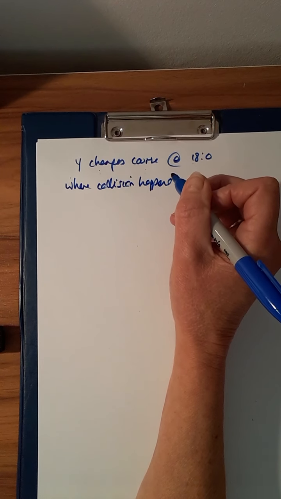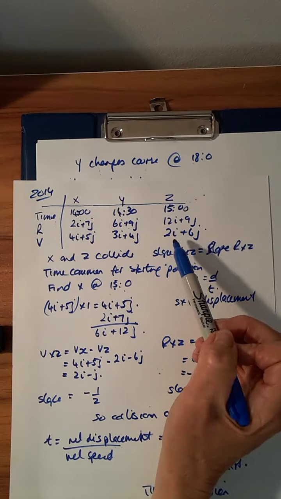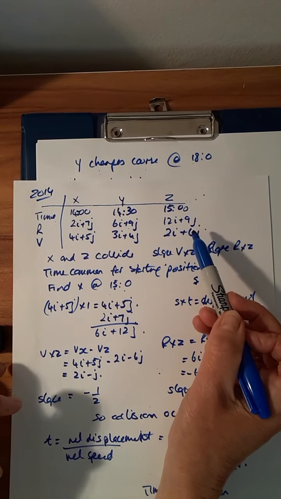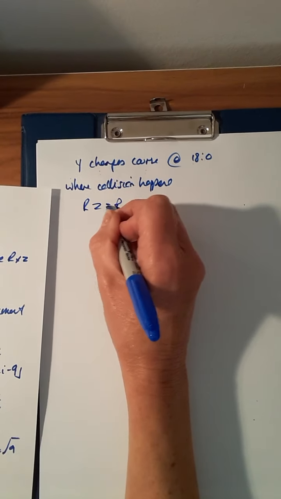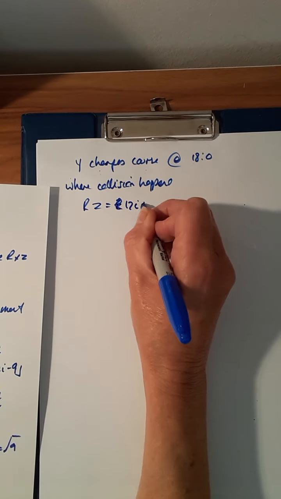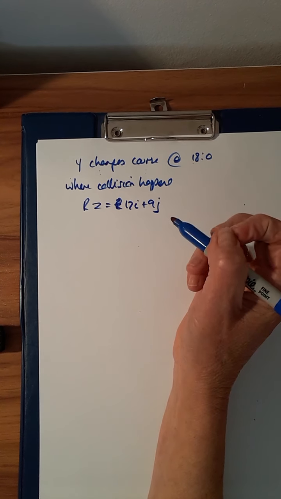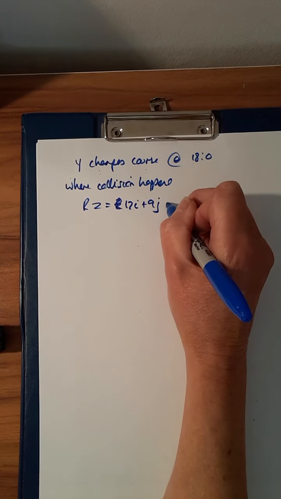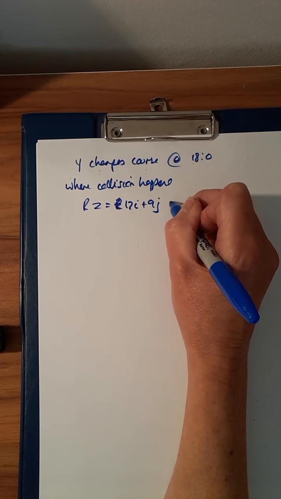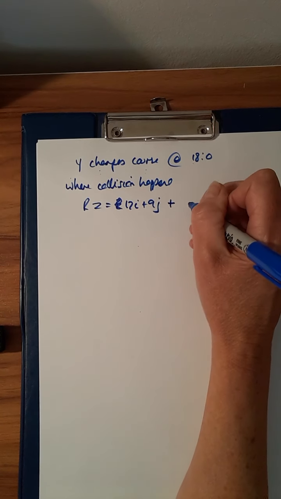Okay, so we'll say Z's position was at 12i plus 9j. So the R of Z was 12i plus 9j. Now, where was it 3 hours later? What I'm going to do is find out what its displacement is 3 hours later.